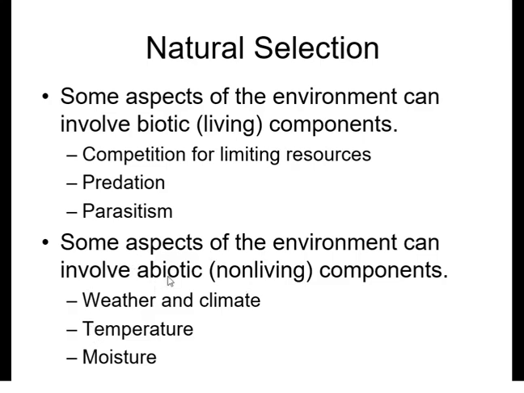And that's the one you'll say, oh, that's abiotic, that's non-living. So make sure you know the difference between what is living in an environment that does the selection for evolution versus what is non-living that also influences evolution.